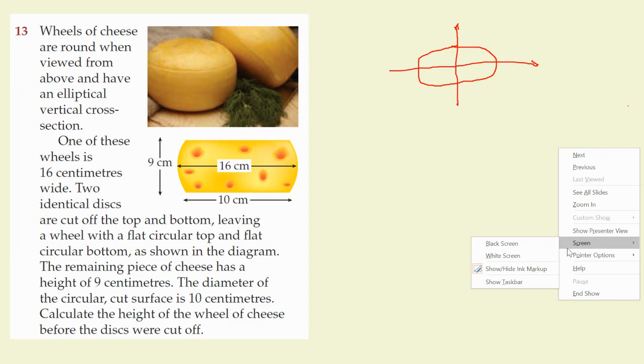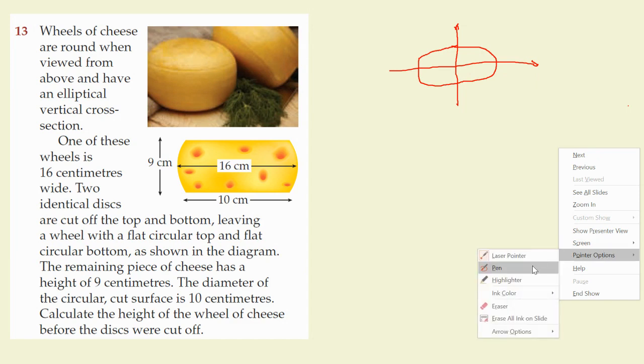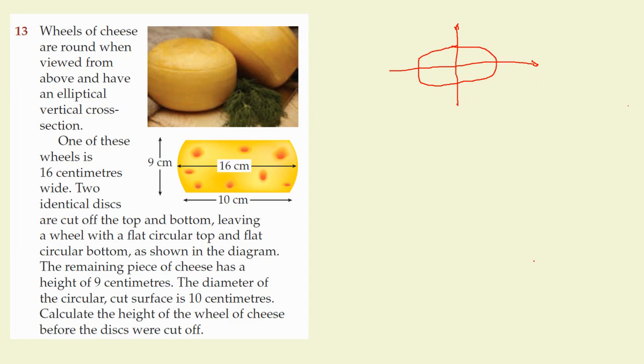I know the major axis. What's the major axis on this one? 16. Yeah, that's -8 there, isn't it? And that's 8 there. So it's 16 across. So I know the major axis. But what else do I know? I know a point on the ellipse. Let's just get my pointer back so I can see where it is.